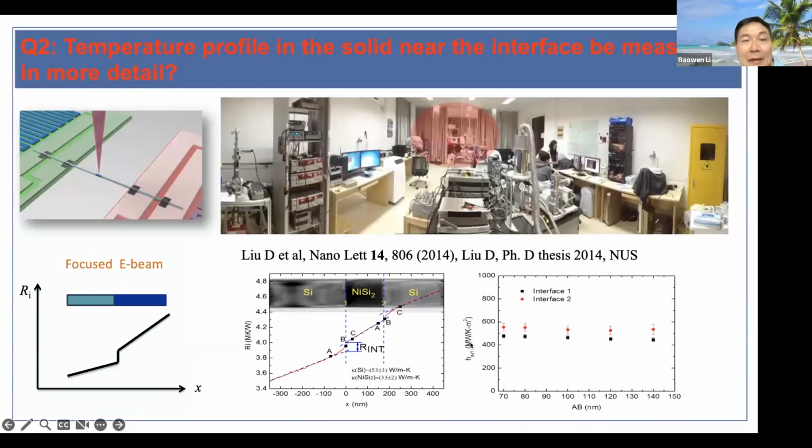We have also established a very nice electron beam heating method to measure the temperature near the interface very densely, which means we can measure temperature at any point we want. The spatial resolution is about 10 to 20 nanometers. So this answers the second question of Pollack.